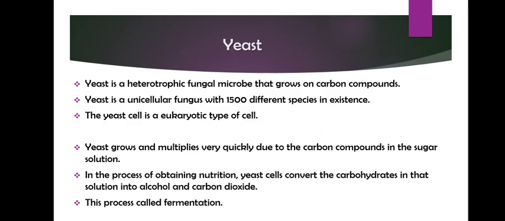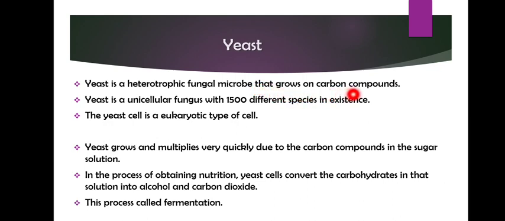Now yeast is a heterotrophic fungal microbe. Heterotrophic means, see, trophic means nutrition, hetero means different. So the yeast derives its nutrition from other organisms, means it cannot make its own food. And it's a fungi and it's a microorganism.